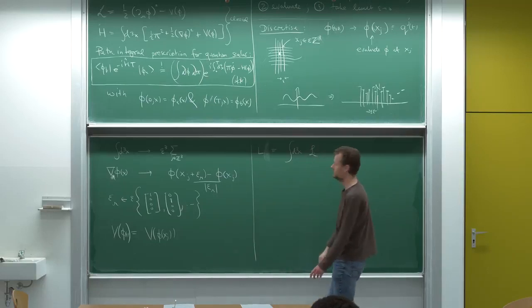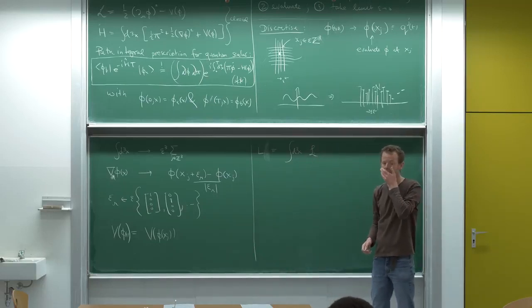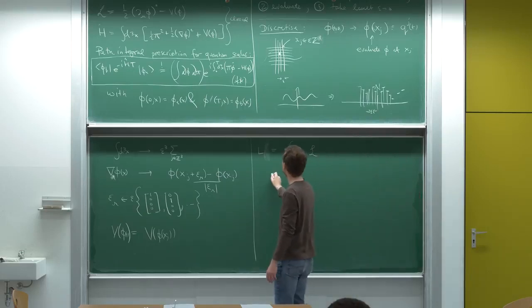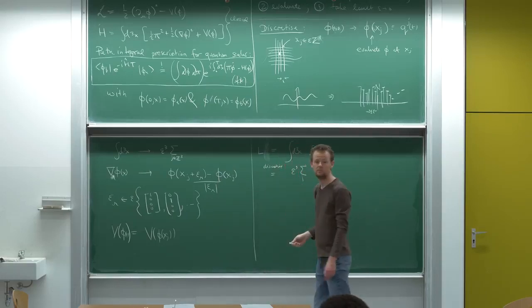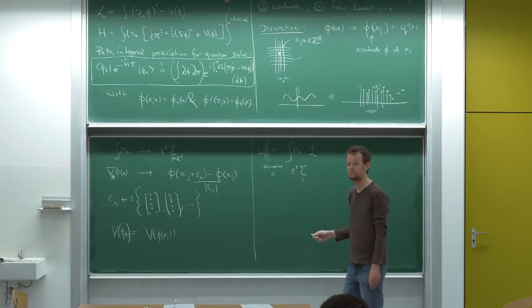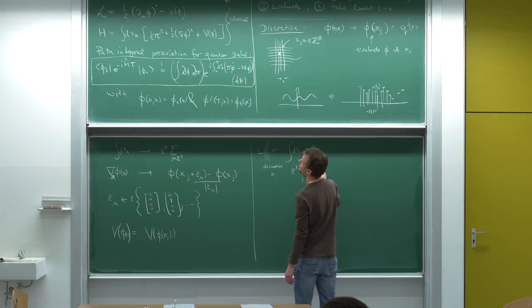The Lagrangian is the integral of the Lagrange density. And if we discretize, this becomes a sum of a whole bunch of things, but there's one term that I'll just leave in.